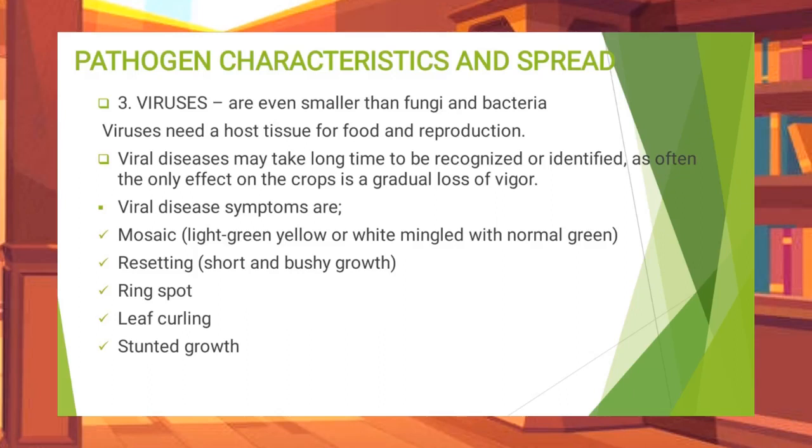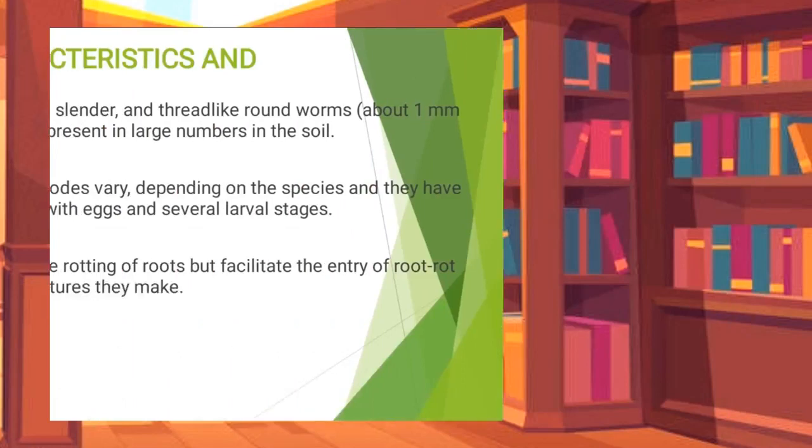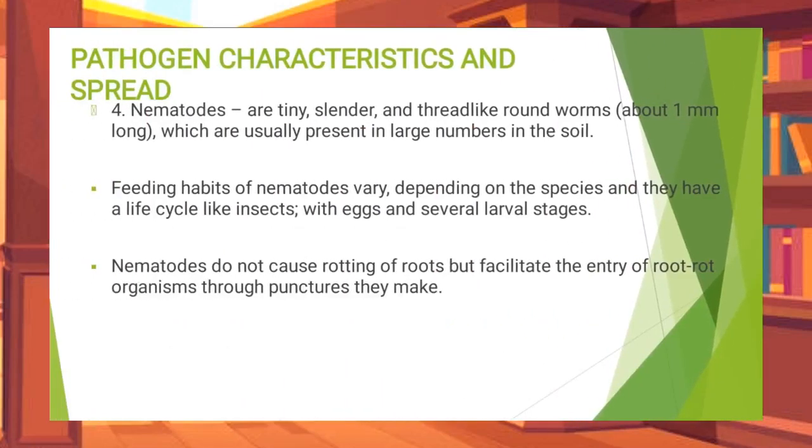So a virus is not easily recognized because the effect on the plant is not very severe. The symptoms are mosaic, light green, yellow, or white mingled with normal green, receding, short and bushy growth, ring spot, leaf curling, and stunted growth.